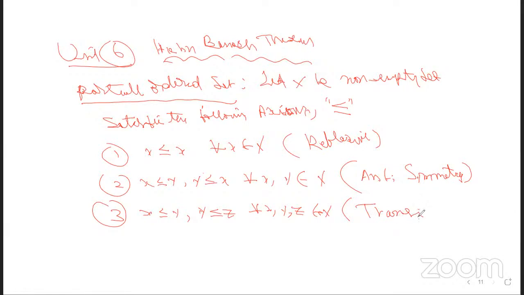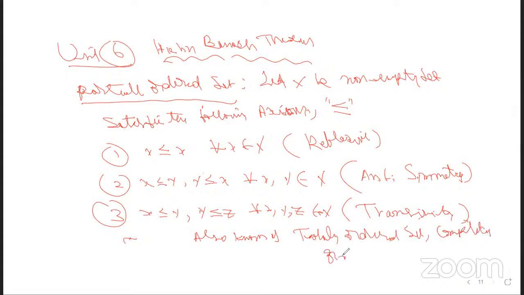This is known as transitivity. This partially ordered set is also known as a totally ordered set, or completely ordered set, or chain.